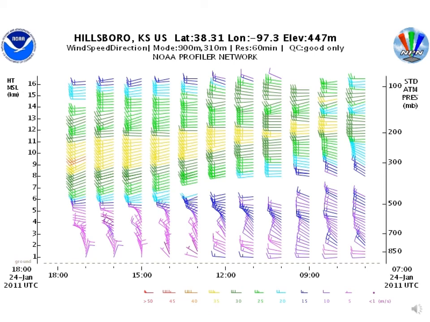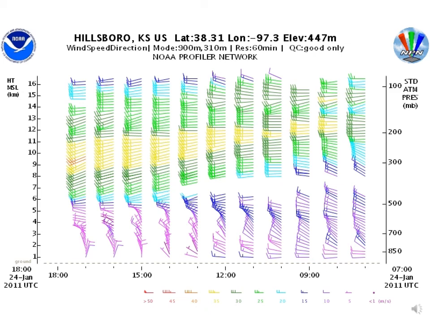So the most recent sounding is the one on the left, and the oldest is the one on the right. What we're looking at is the time variation of the wind profile as determined by this wind profiler in the air above Hillsboro, Kansas on this particular day and time.